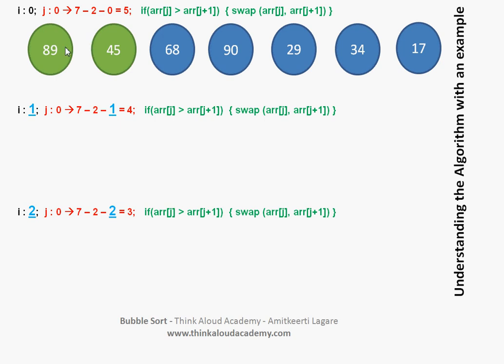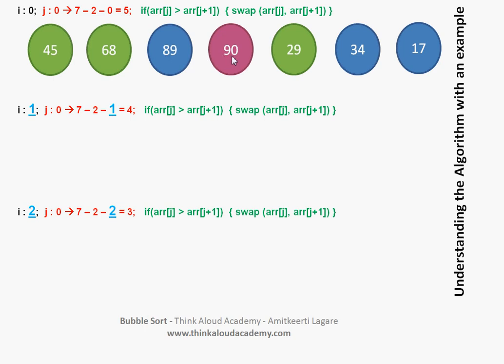Since this value is greater than a of j plus 1, we swap the elements. Then j becomes 1. We check array of 1 with array of 2, and since array of 1 is greater than array of 2, we swap. Then when j becomes 2, we check array of 2 with array of 3, and since 89 is smaller than 90, we keep 90 as it is.